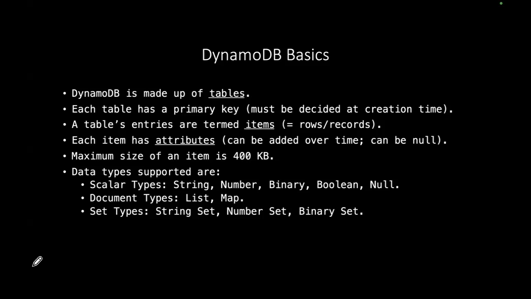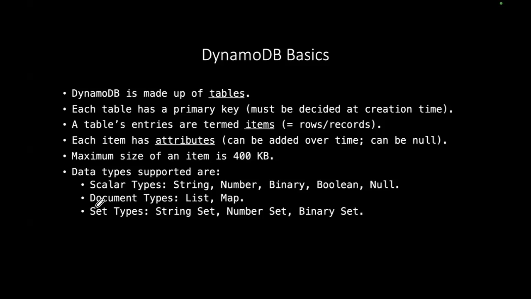And DynamoDB also has its own data types. So it has scalars, which are the usual things you'd expect them to be. But then it has the document types. So what we're saying here is that a particular attribute of an item in a table could be a document, where a document is a list of things or a map structure. Yeah.